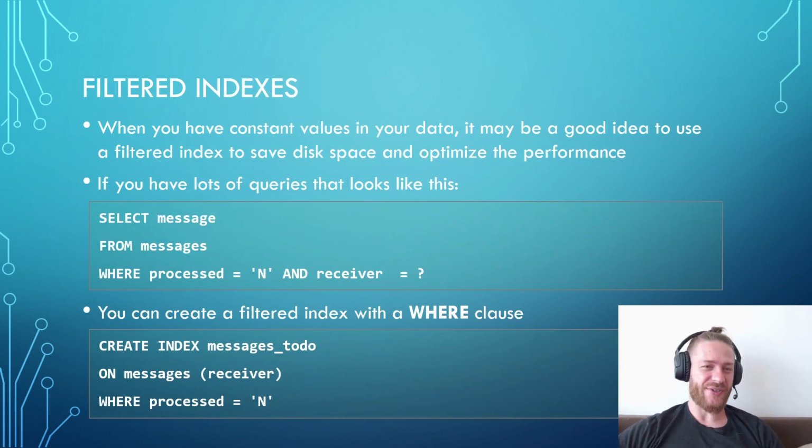Another thing to consider are filtered indexes. When you have constant values in your data, it may be a good idea to use a filtered index to save disk space and optimize the performance.